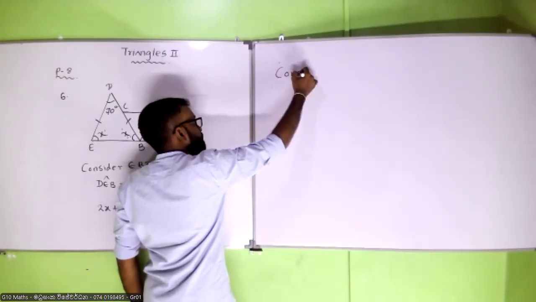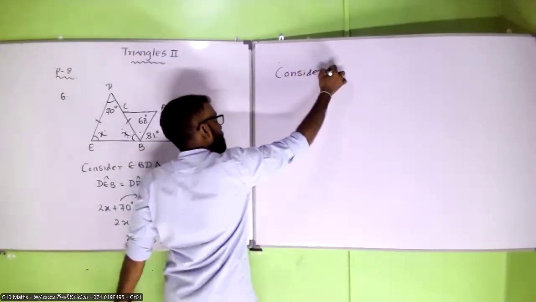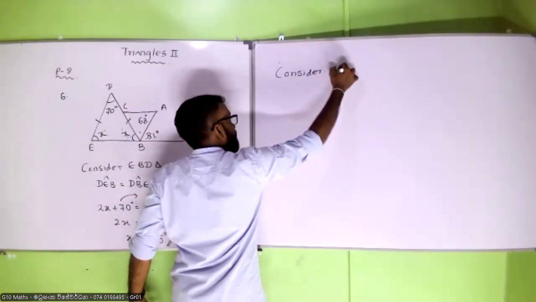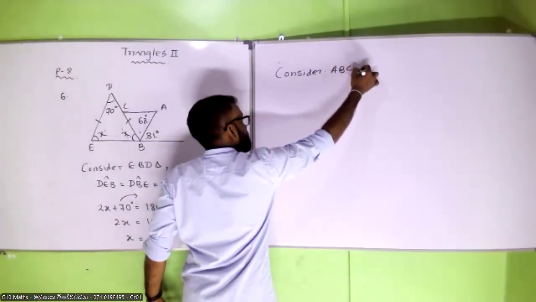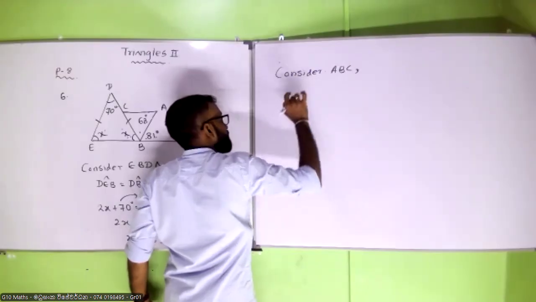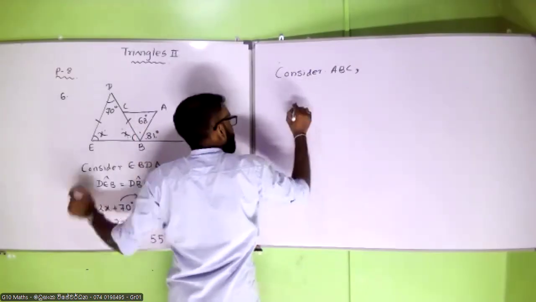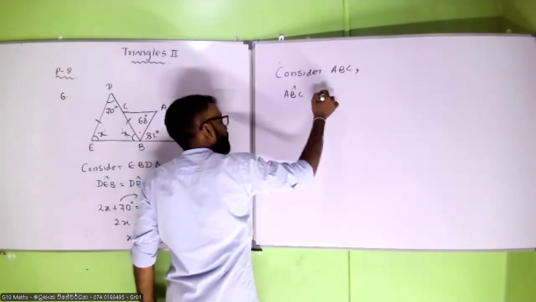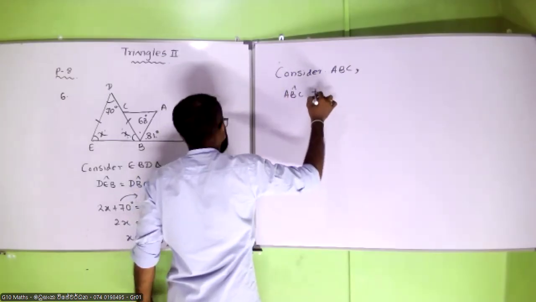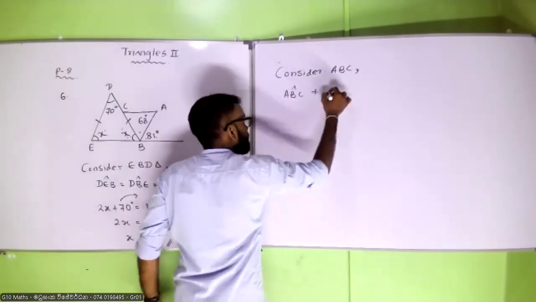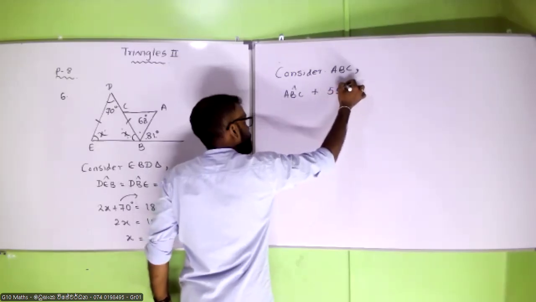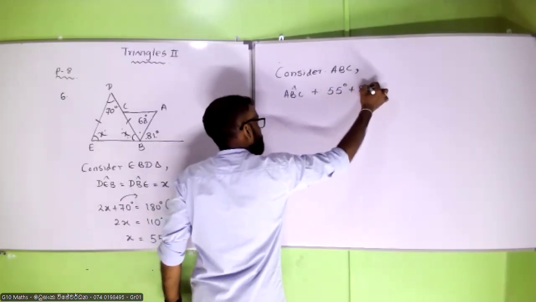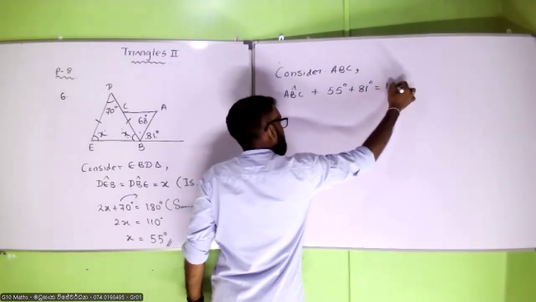Consider triangle ABC. By considering it, I am going to find the magnitude of angle ABC. ABC plus 55 plus 81 equals 180.